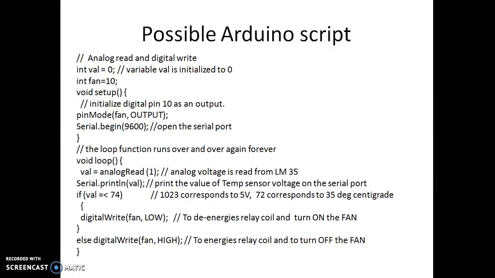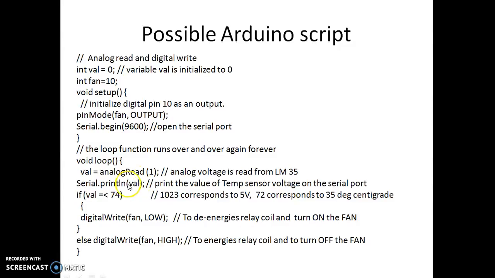Now you can see we are putting an infinite loop here. We are reading the value from pin A1, which is why analogRead(1) will be assigned to var. The analog voltage will be read from the LM35.